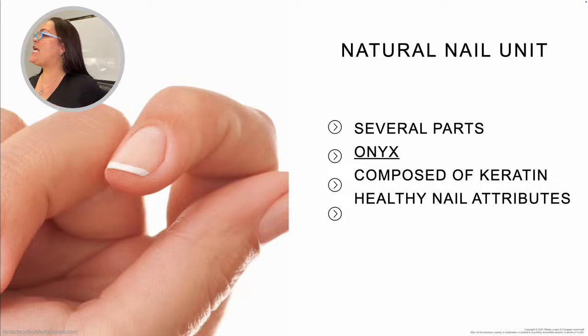Or if it's green, it's probably something going on there, right? So a pinkish, firm, how about flexibility? If it bends a little bit but doesn't break, is that good or bad? We want a little flexibility, right? We don't want it to be brittle and just crack and fall apart, all right? So it's going to be firm and flexible.